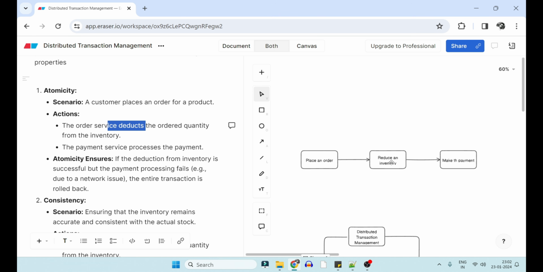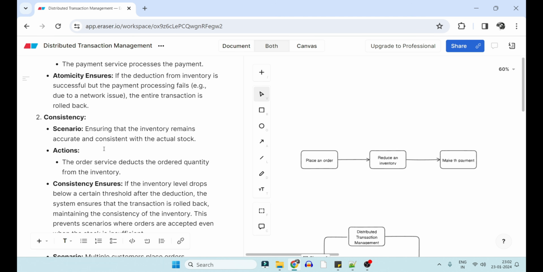Hence, if you make the payment, only then should the inventory be reduced. If the payment fails, the order fails, and hence the inventory should jump back to the previous state. So it's atomic in nature. It happens completely or it doesn't happen at all.